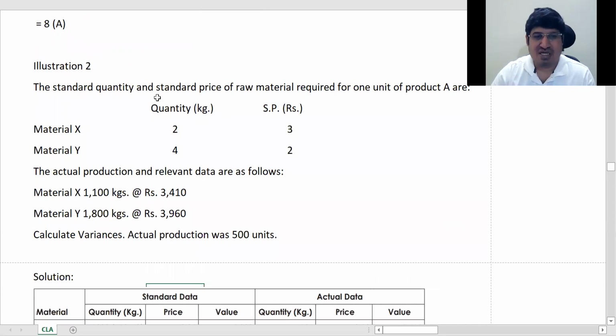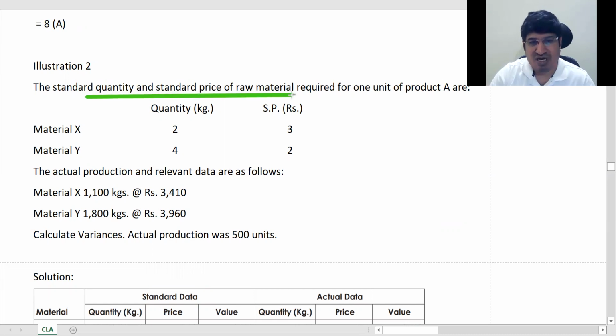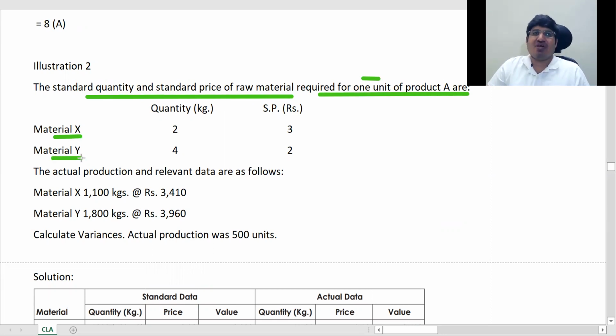So now let us do illustration 2. Standard quantity and standard price of raw material required for 1 unit of product AR. To make 1 unit of final product you need 2 materials, X and Y. In such cases, mix variances etc. come in, when you are mixing 2 things to get the final product.